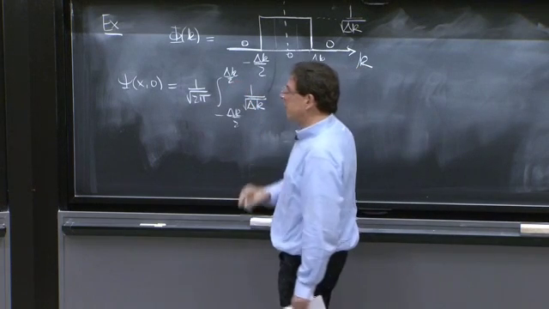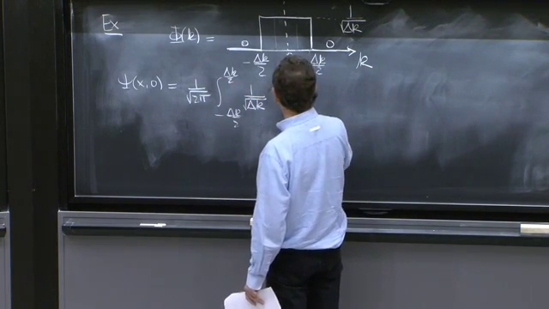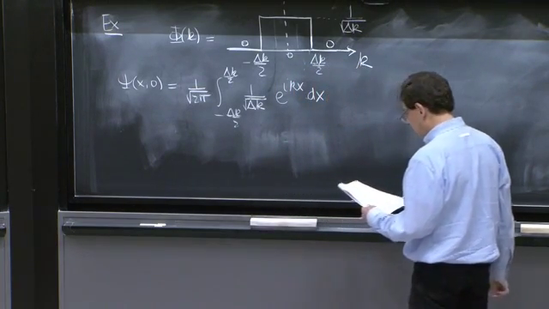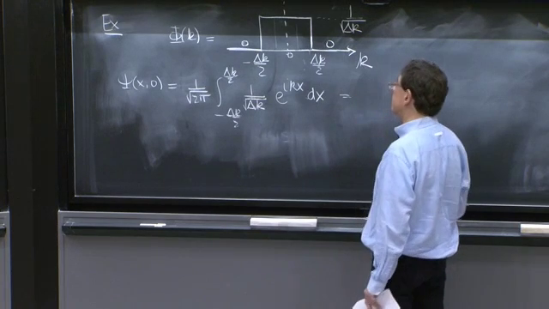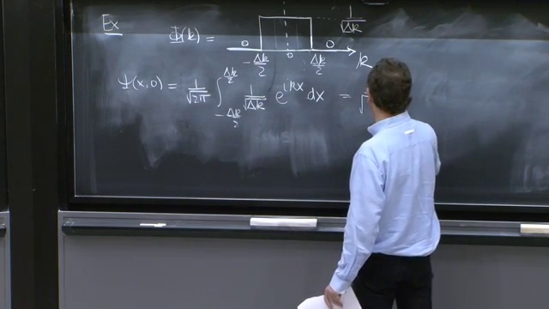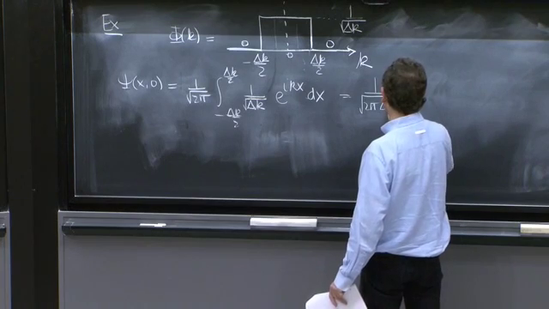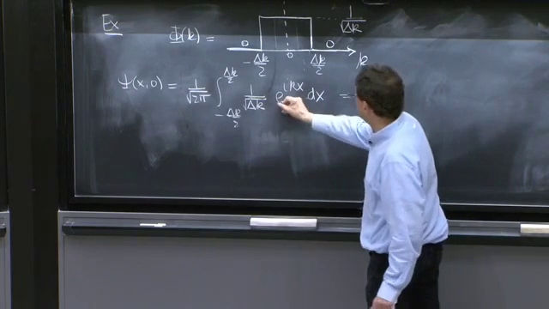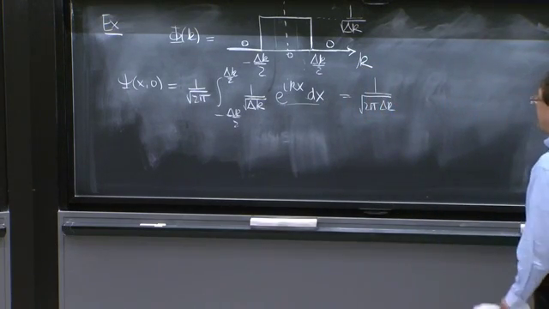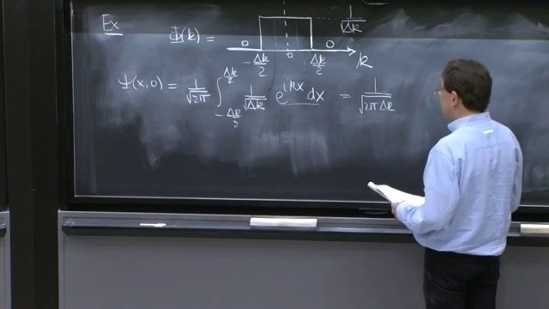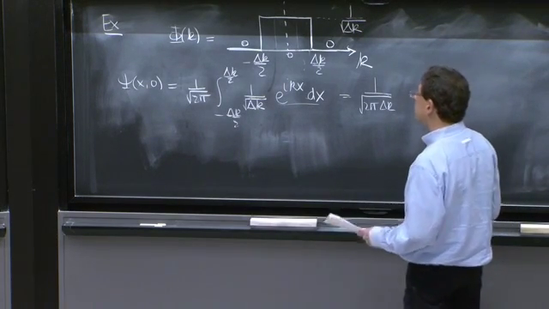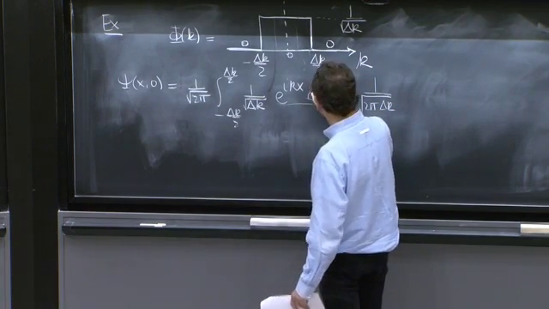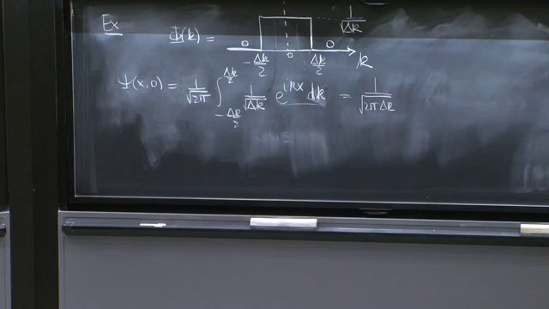So we've already got the phi of k, and then e to the ikx dk. Well, the constants go out, 2 pi delta k, and we have the integral over k, of course.